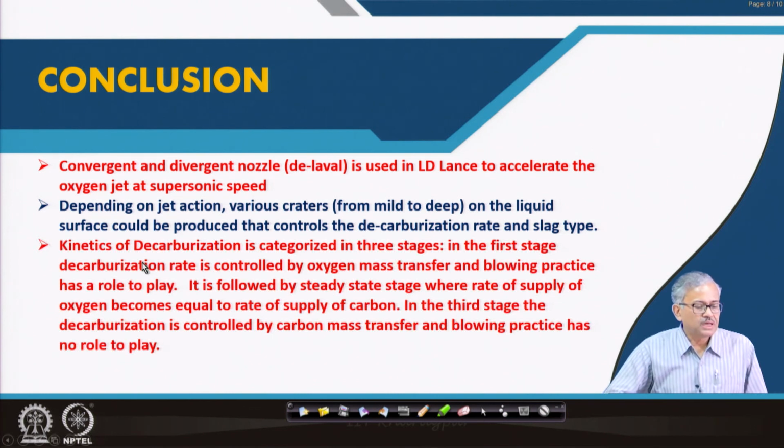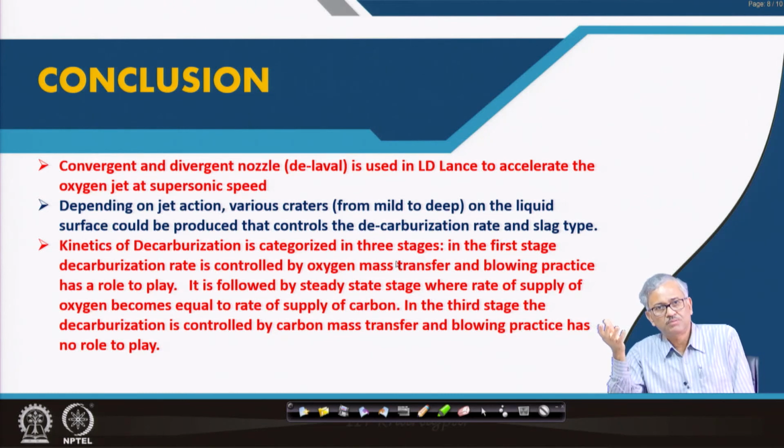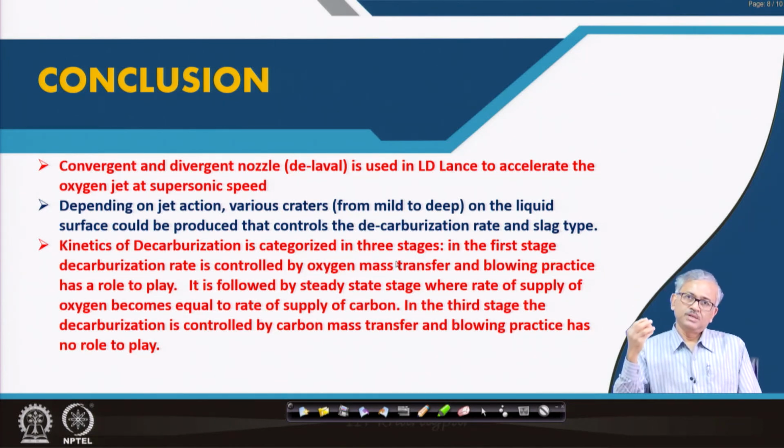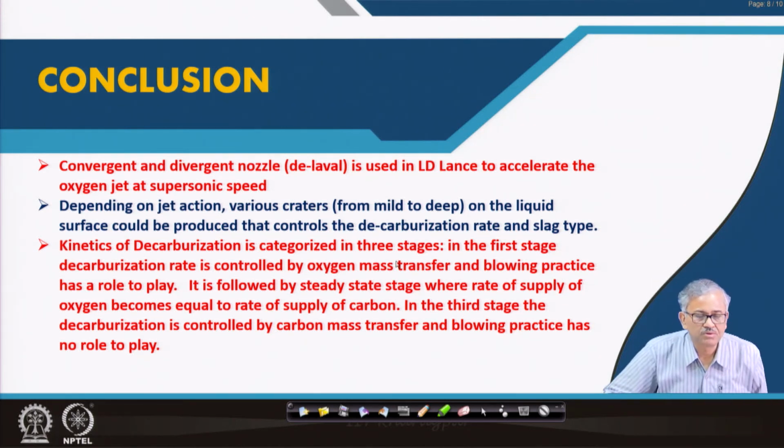Okay. And then the kinetics of decarburization is categorized in 3 stages. As I said, the first stage is basically oxygen mass transfer control, because initially you have plenty of carbon in the hot metal, so the rate of decarburization is controlled by the supply of oxygen. In that part, the decarburization rate increases steadily, and how fast you want to increase or decrease it will depend on your blowing practice.